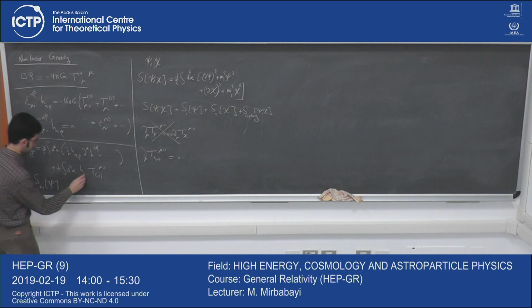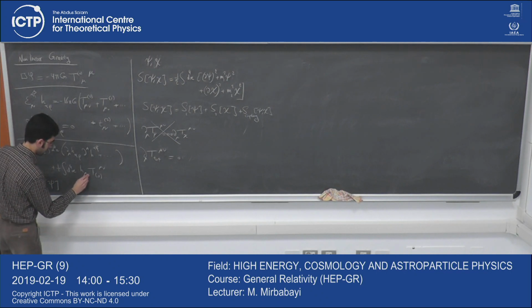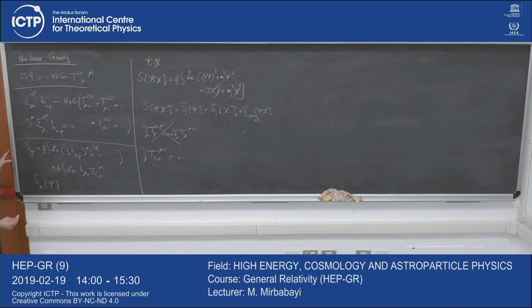Okay, so how would that look? There will be a T^μν coming from this part of the action, the quadratic part that I wrote for h_μν, and this is what I called T^μν_2.